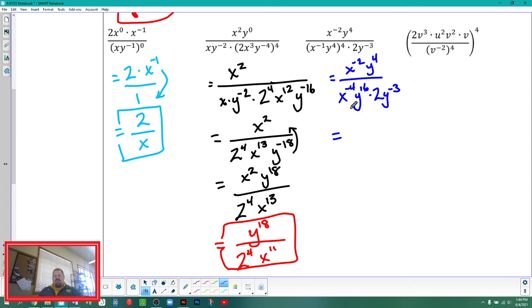Let's go ahead and simplify our y's together on the bottom. Y to the 4th. And I'll put the 2 first. X to the negative 4th is okay. Y is 16 plus negative 3. So that's a 13.